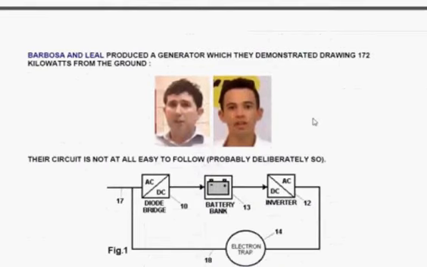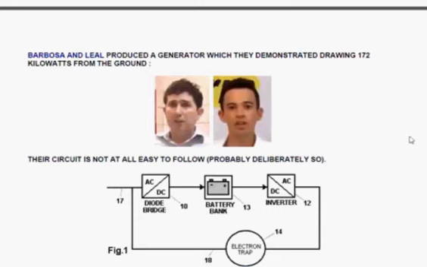People who have got into trouble with the establishment are Barbosa and Lille of Brazil. They produced a generator, which they demonstrated, and they showed it drawing 172 kilowatts out of the ground in a closed loop.